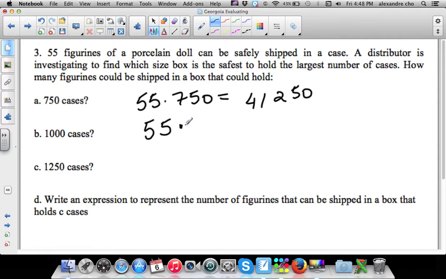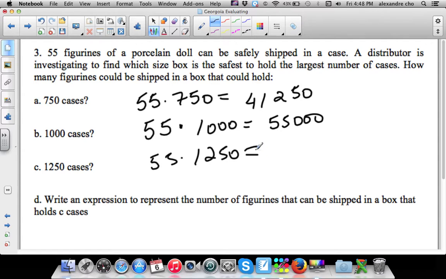So 55 times 1,000 in this case will give us 55,000. So if you had 1,000 boxes or 1,000 cases, you have a total of 55,000 figurines. 55 times 1,250 would give us 68,750.